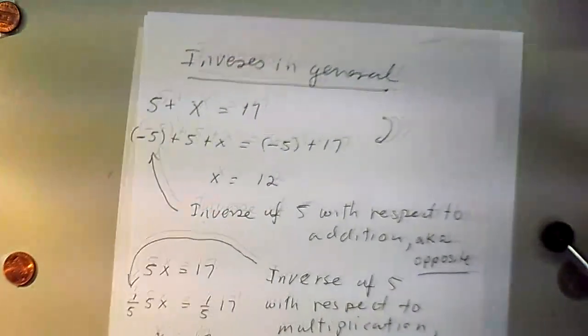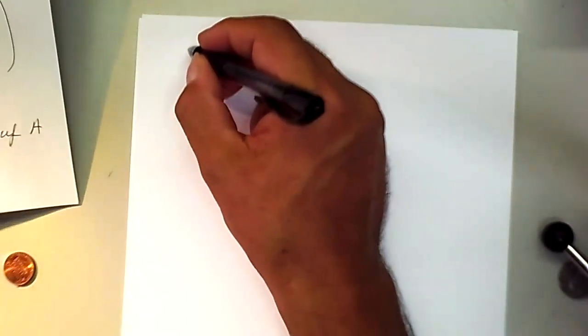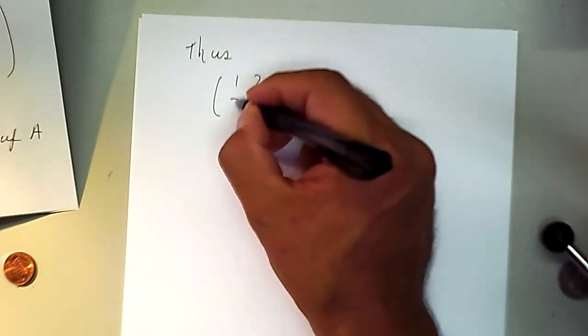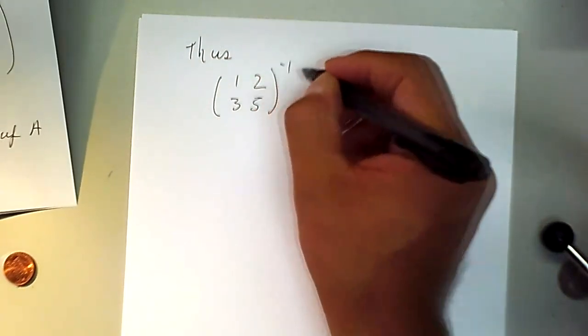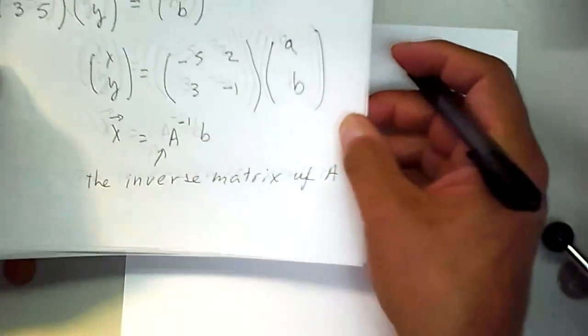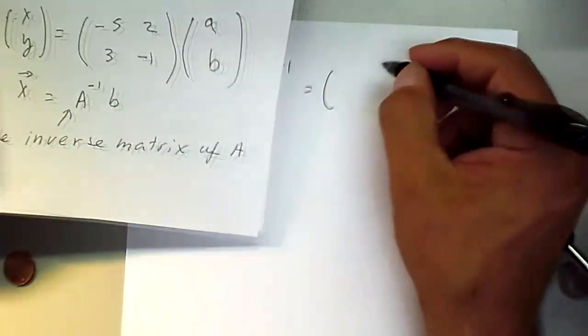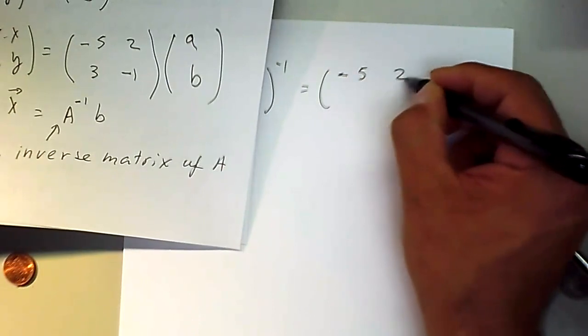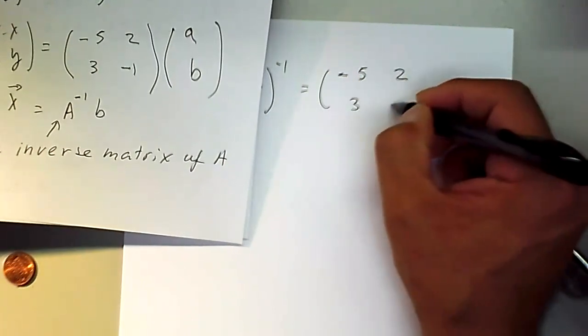Okay. So based on what we just did, the matrix 1, 2, 3, 5 inverse is equal to, and I'm bringing this back from the example we finished, -5, 2, 3, -1.